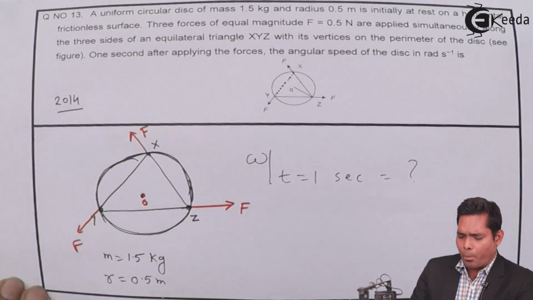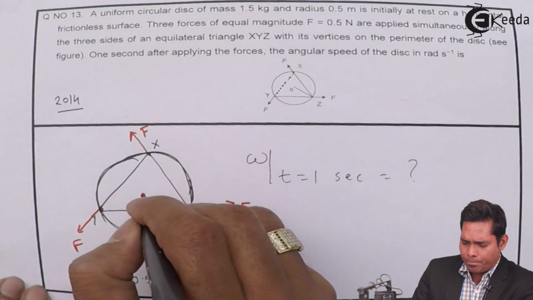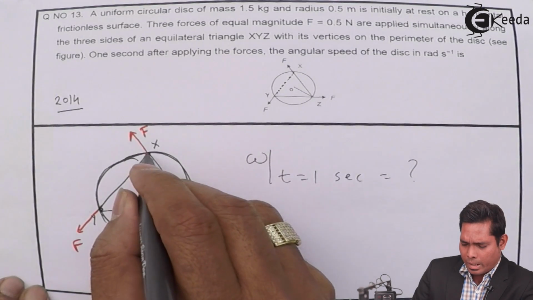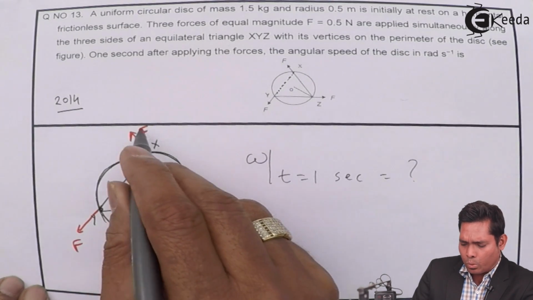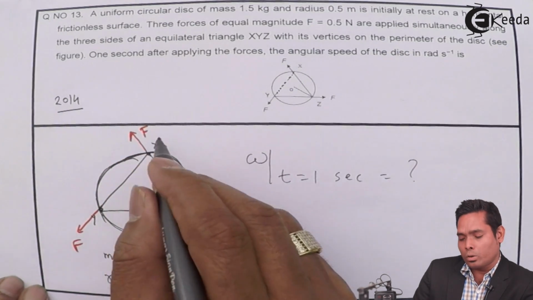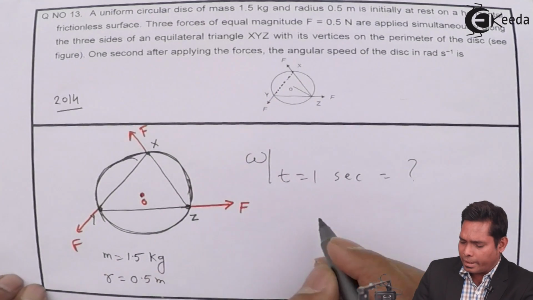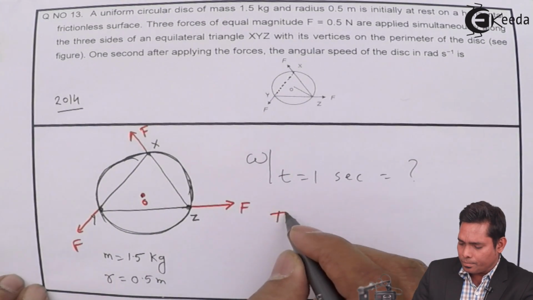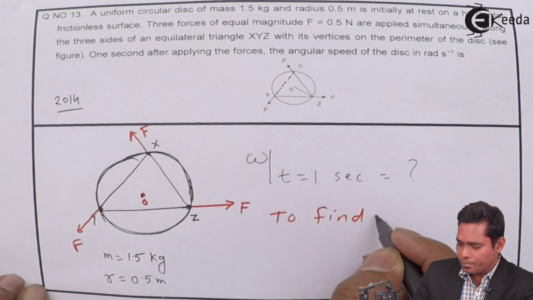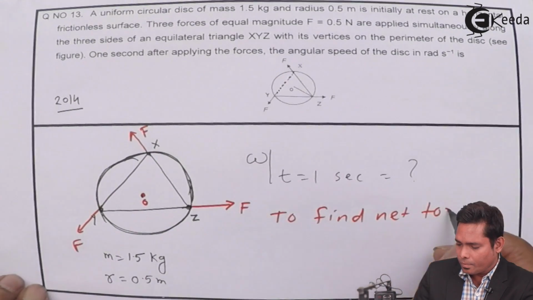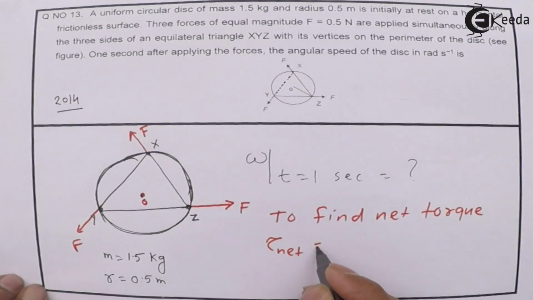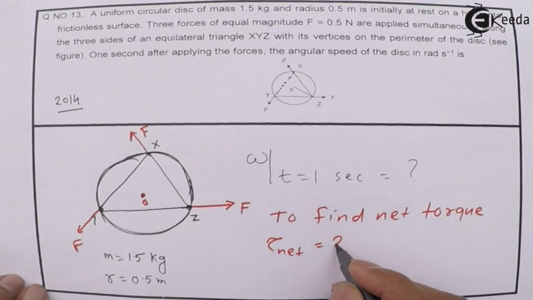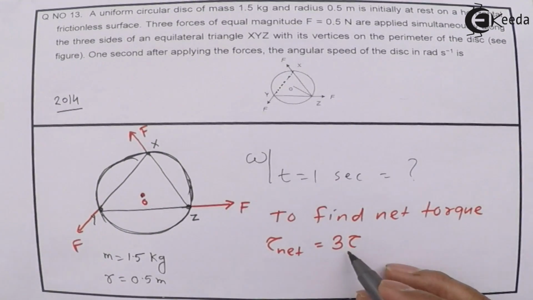If I see this point, our aim is to find the torque due to any one force, and that is the torque due to the other forces also. So the net torque will be 3 times the torque due to each force. This is the torque due to individual forces.